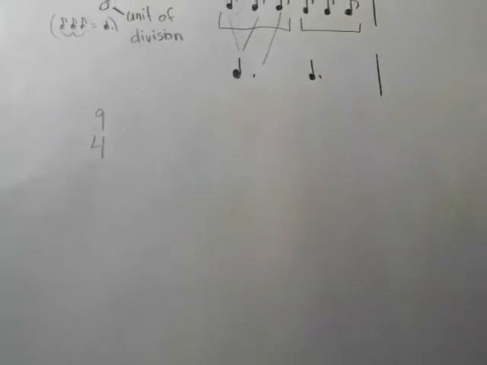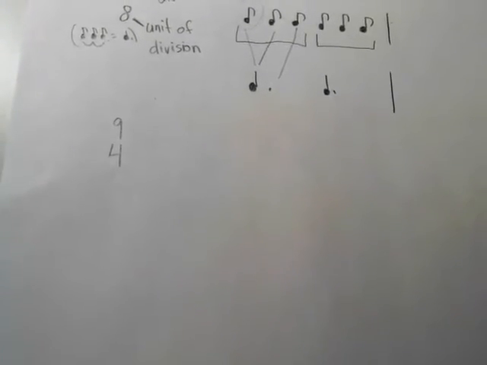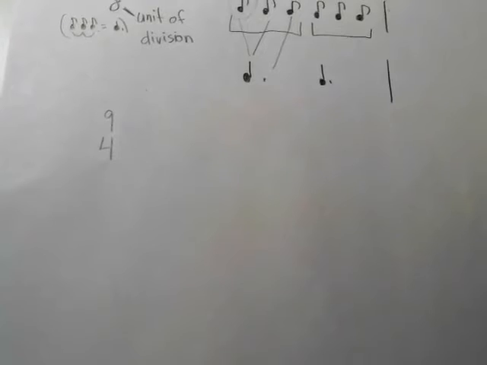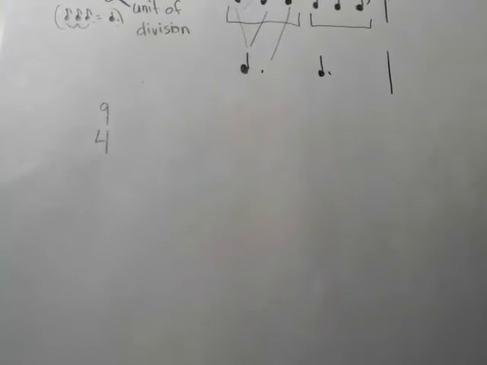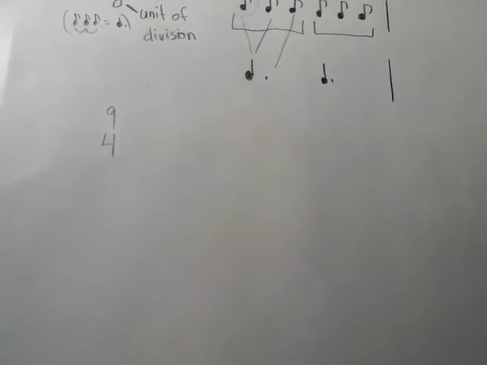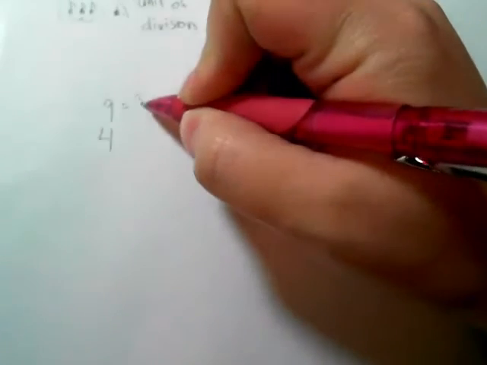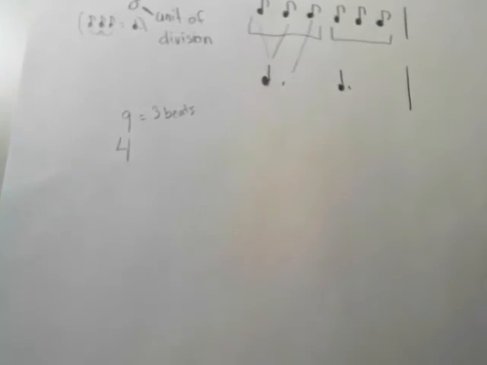Here's another compound meter. The top number indicates the number of divisions, so we're going to have 9 divisions. But we could divide that number by 3 and get 3, so we know there are 3 beats in every measure.